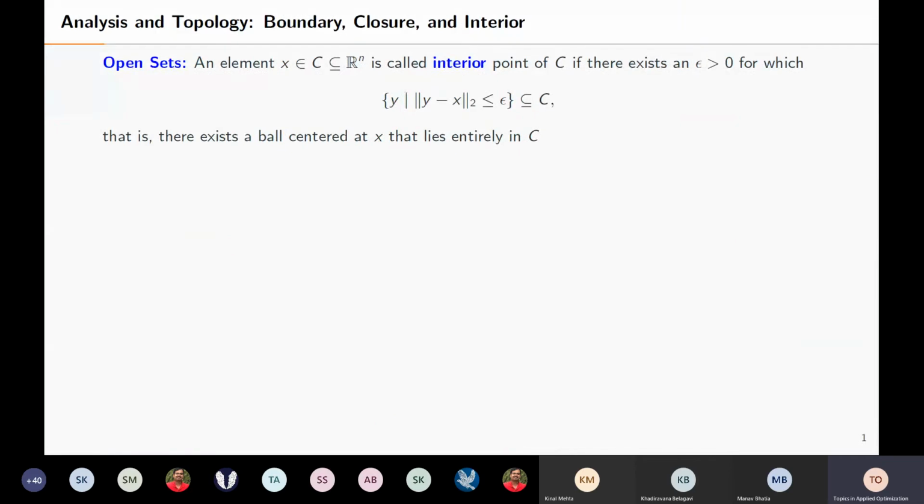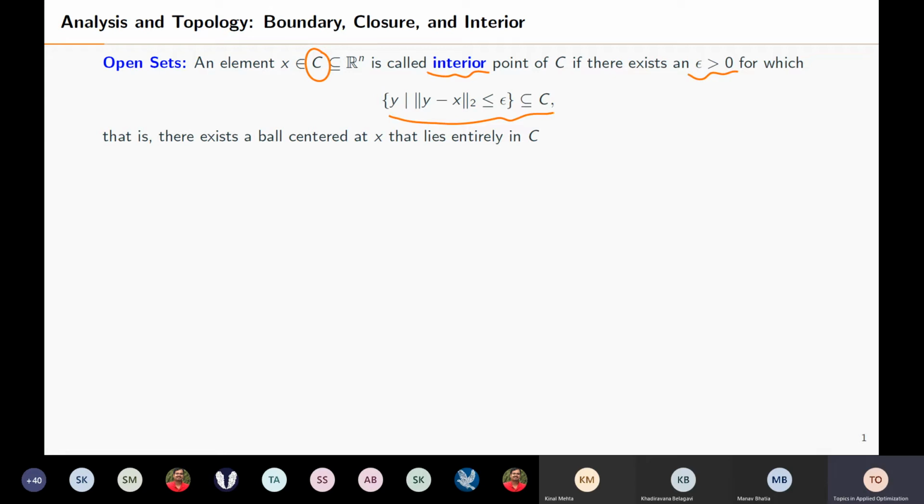I haven't defined something called open set and closed set, but I can quickly define this. To define open sets, I need a concept called an interior point. An element x in some set C is called an interior point if there exists an epsilon greater than 0 for which this happens.